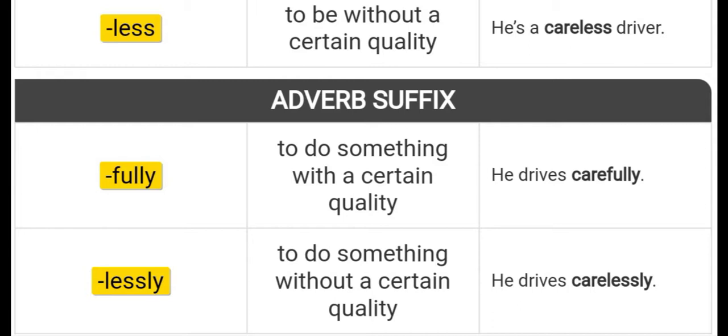Similarly, the adverb suffix fully. Fully means to do something with a certain quality. Clear? An adverb qualifies the verb. So don't be confused with the word you use. For example, he drives carefully. Similarly, lessly means to do something without a certain quality.